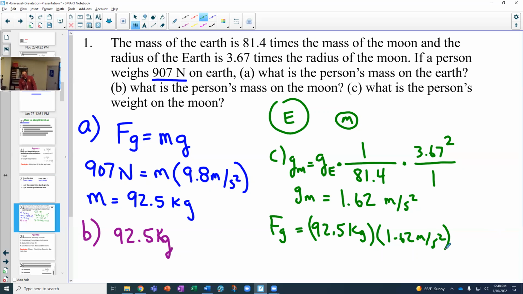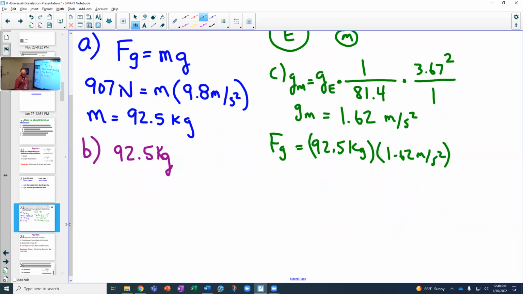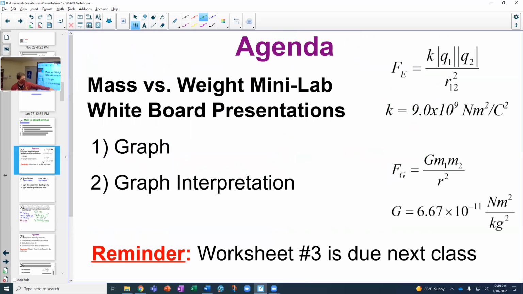All right, now, before you go, I want to show you real quickly in about 1 minute another approach that some students feel better about or more comfortable with. We've got two equations, right? We've got this F_G equals mg, but we've also got now, after our class a couple days ago, F_G is G M m over R squared.